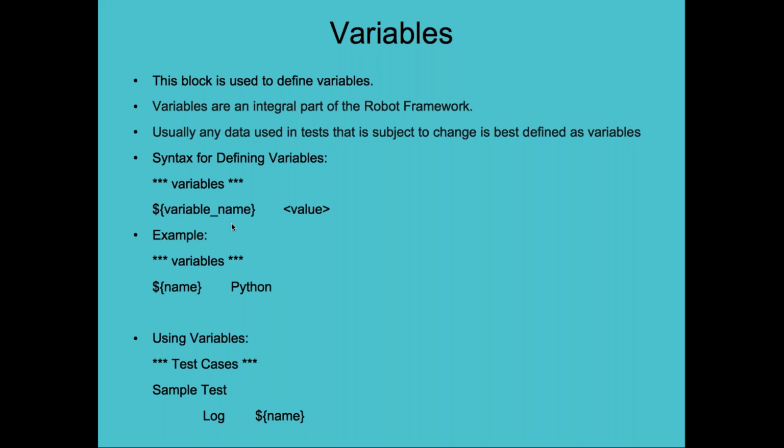If you want to use the same version in your test cases, instead of giving the version name every time, you can create one variable name, define it here, and use the variable name. If you want to modify the version name, you can change it in only one place, so it gives reusability. That is the reason we use variables.